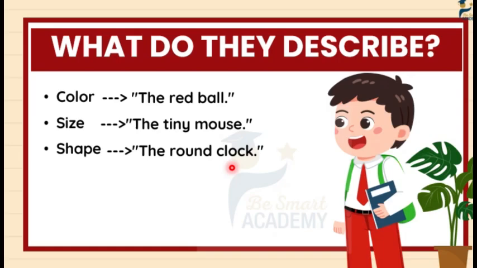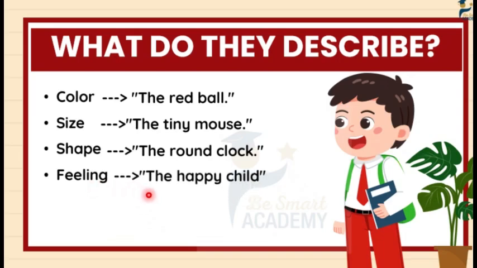Now, what else can the adjective describe? It can describe a feeling, an emotion. For example, the happy child. About the child here, I don't know anything except that he is happy. This word itself is describing the feeling or emotions of the child.